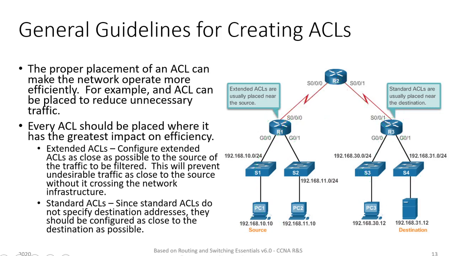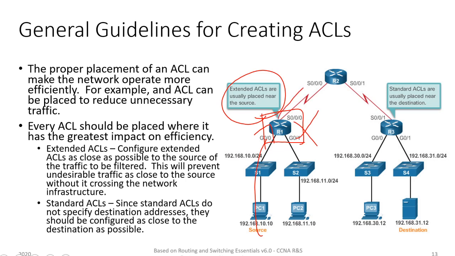Whereas with extended ACLs, extended ACLs have more information. They have information about the source, the destination, the protocol, port numbers, and so on. So for that reason, we can place an extended ACL at the first instance itself. Whenever the packet reaches the first router, there itself we can have the extended ACL rules, and if it is a deny, it can be denied.